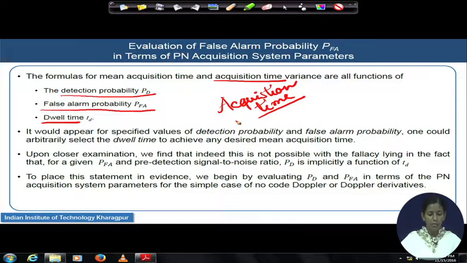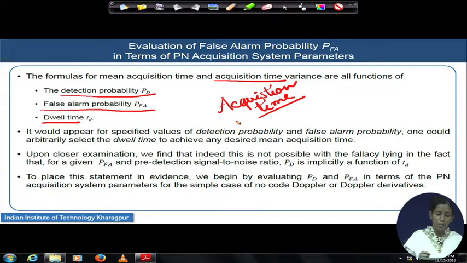As we understand, the detection process itself is a stochastic process, and hence the acquisition time is also a stochastic process, finally a random variable having a mean and a variance, and we are really interested in knowing the acquisition time. Whether our acquisition system is good or bad depends upon several things. One important part is the acquisition time it takes to converge and declare that synchronization is achieved.